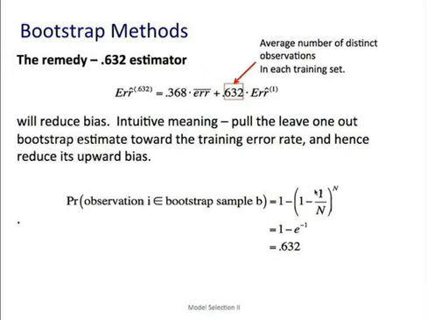So here this is not being in the bootstrap sample n times, okay, because they're independent. And here we have 1 minus this quantity, and it's written this way for a reason, because the limiting function here, if I take this to infinity, is e to the minus 1, which is 0.632. This is just to say that this wasn't just pulled out of a hat, okay? So there's a reason for that.